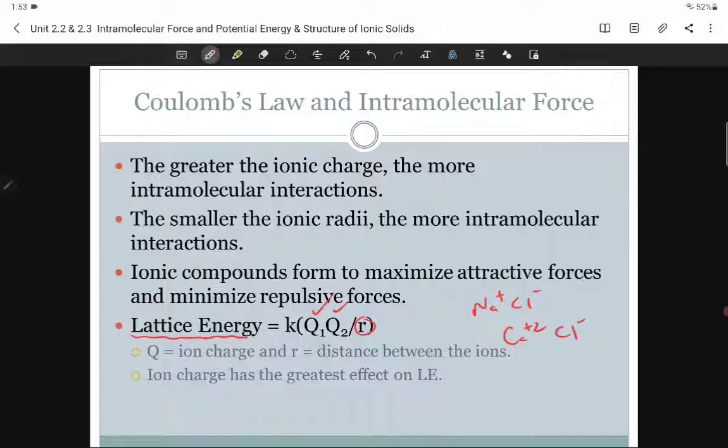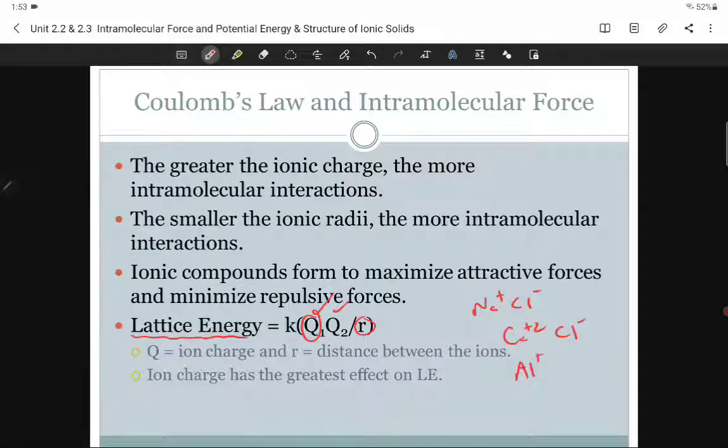Well, calcium has a +2 charge, so it doesn't really matter which Q you're looking at. One of these Qs is going to be double the charge as opposed to the other. So it's going to give it tremendously more lattice energy.